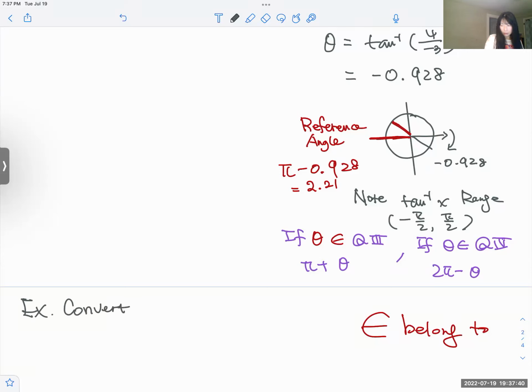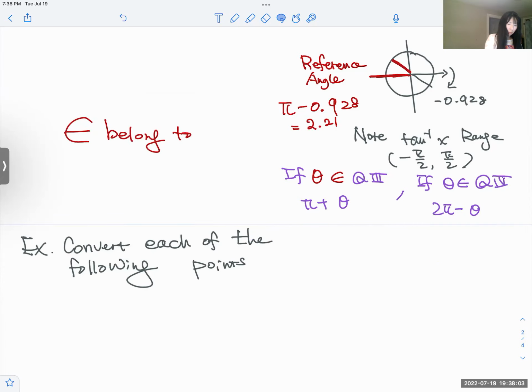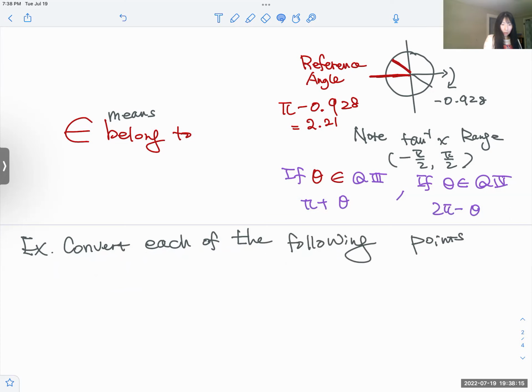Convert each of the following points into rectangular coordinates.